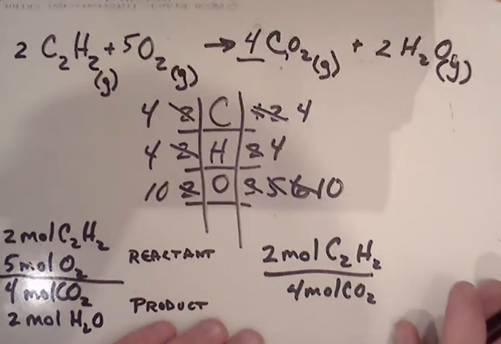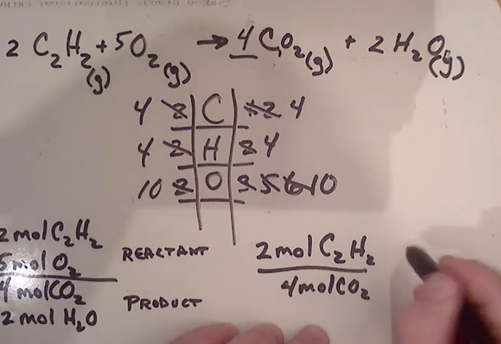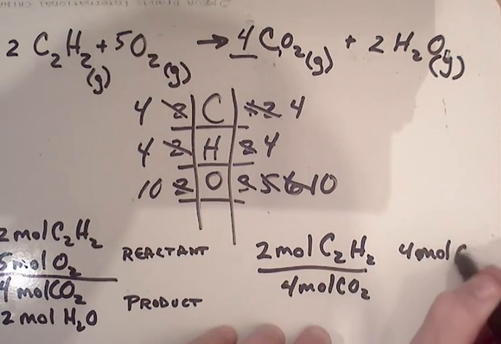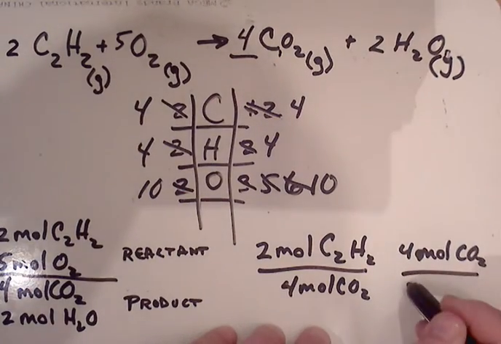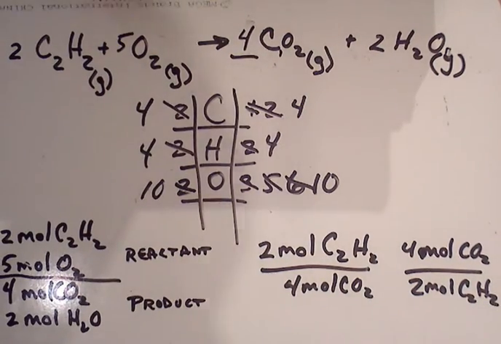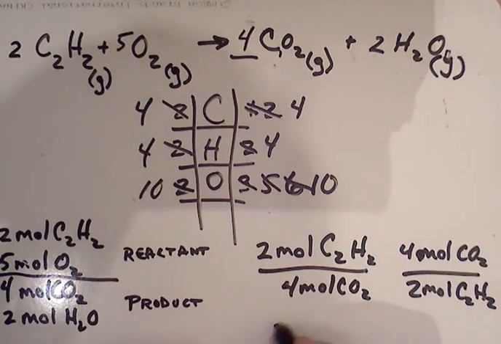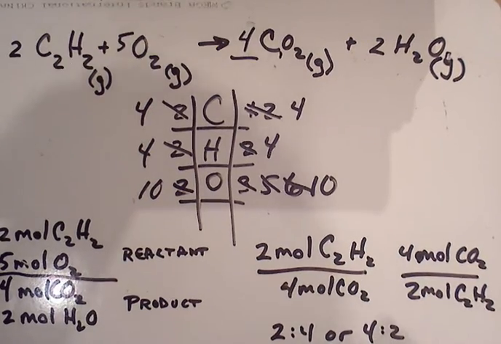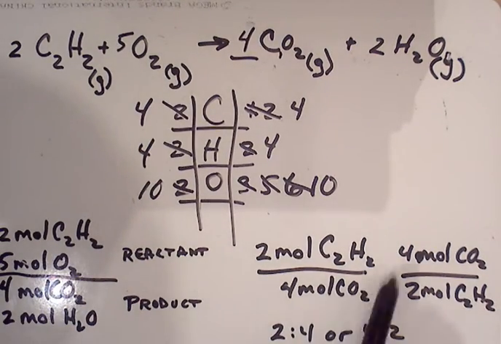We can also write this flipped. We have 4 moles of CO2 for every 2 moles of C2H2. We can also write it mathematically. 2 to 4, or 4 to 2. And that's for any element on here.